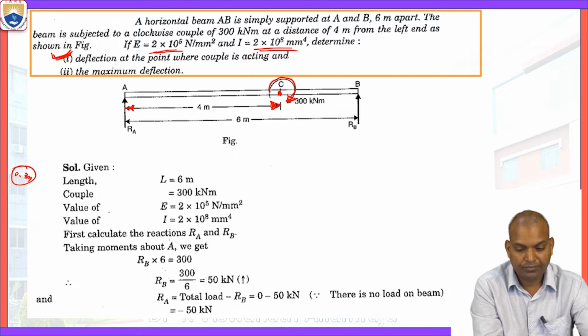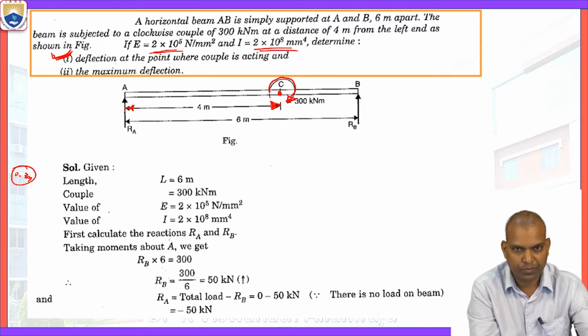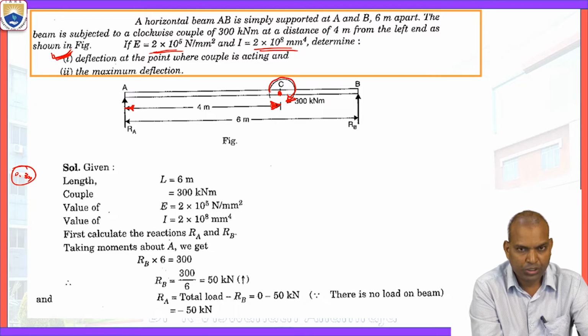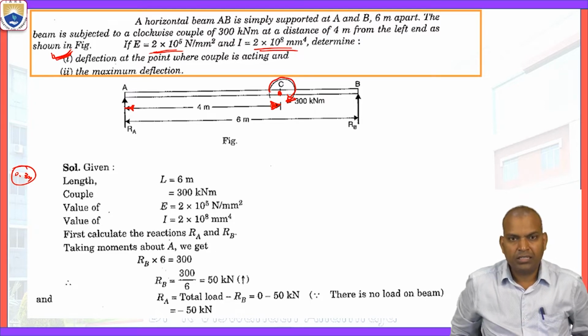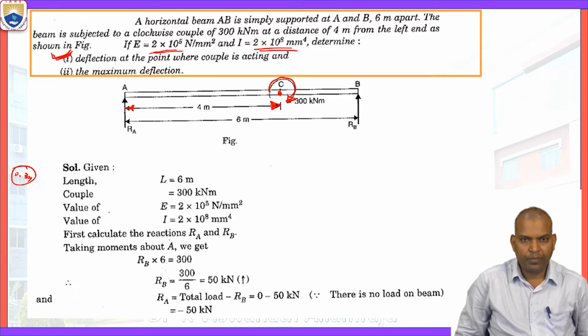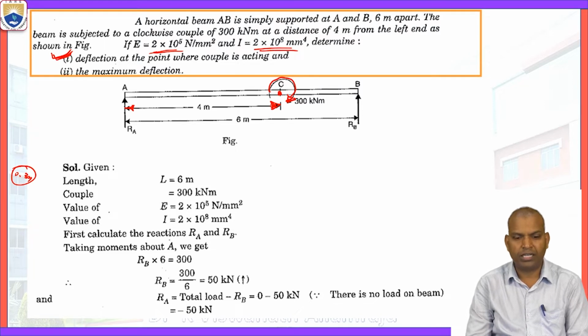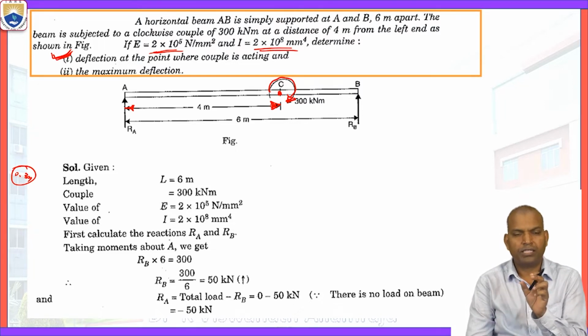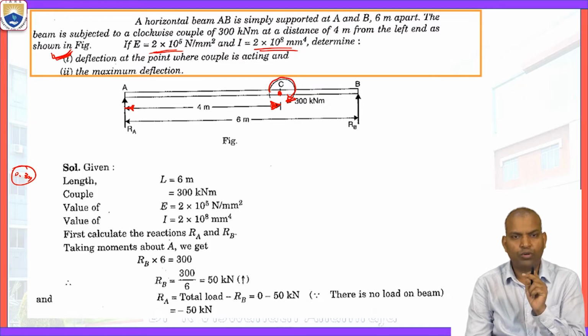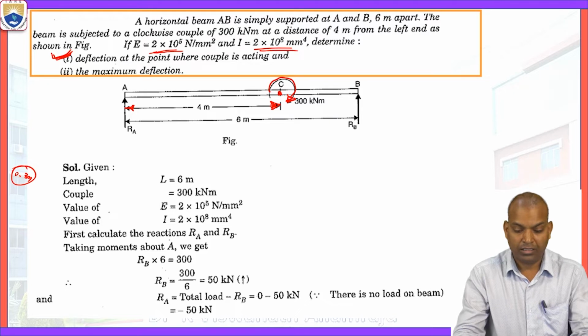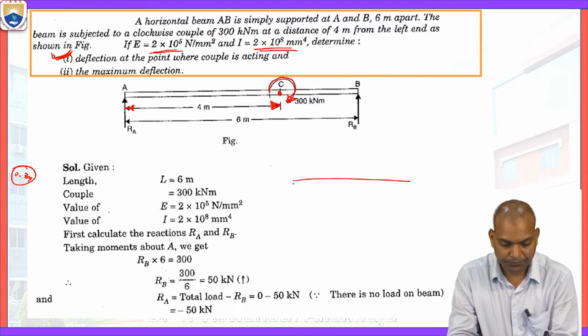Let us begin. What is the difference between this problem and the previous session problems? In the first problem, we considered an overhanging beam with a point load or concentrated load acting at the free end.